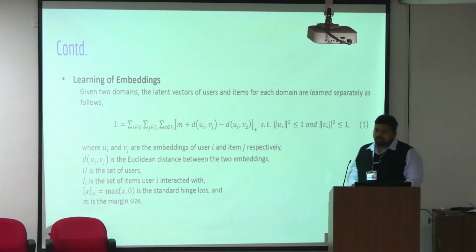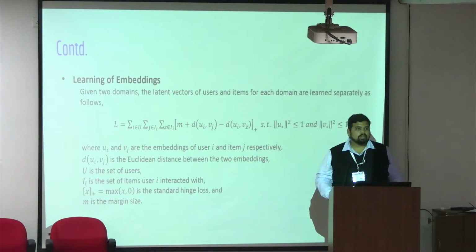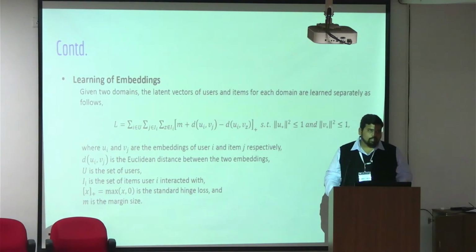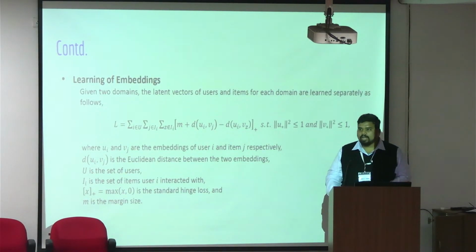So we can divide the whole methodology into 3 subtasks. The first of which is learning of the embeddings. Given a source domain or a target domain, we have user interaction data where if a user has interacted with an item, we have given it 1, otherwise 0.